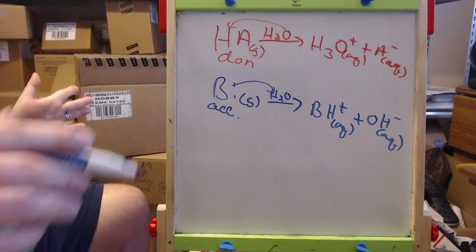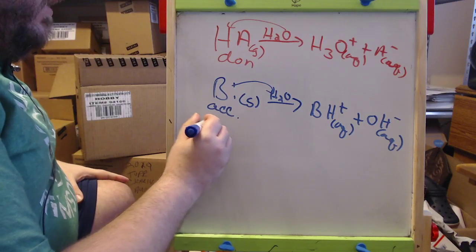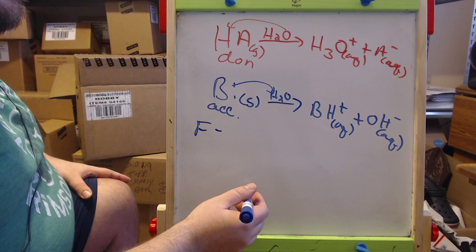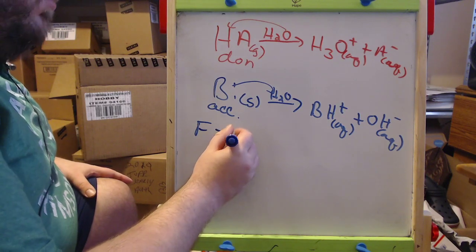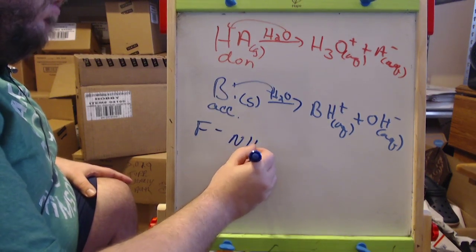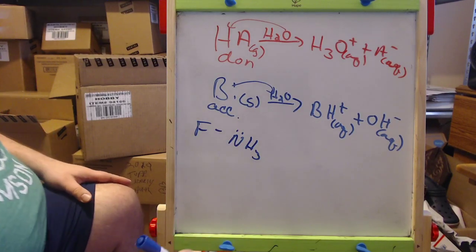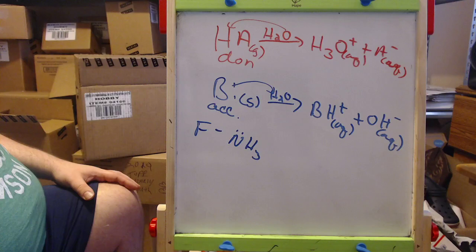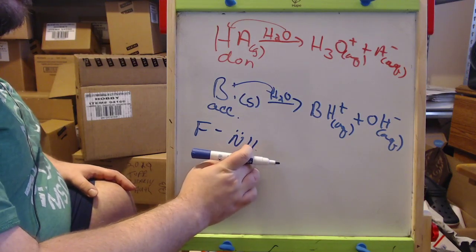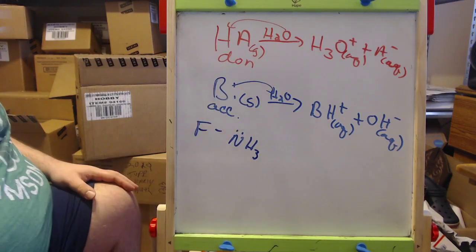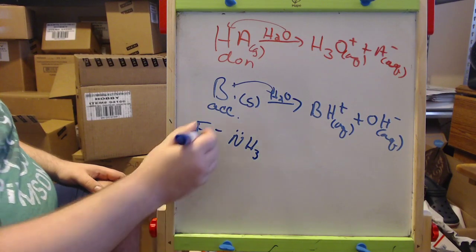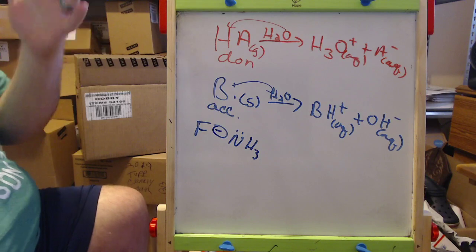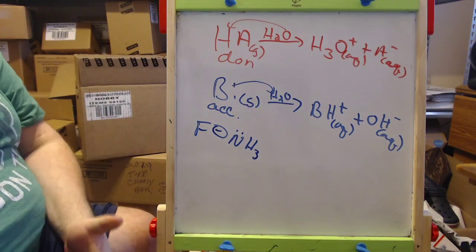So things we would never think about, like F-, any of my anions, and ammonia, like I said, because if we draw out that Lewis structure, ammonia has a lone pair on it, are all considered bases now, even though they don't follow the classical definition.